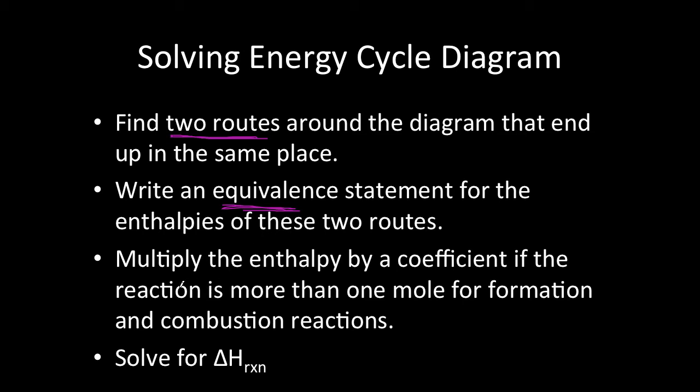Then I'm going to add up the enthalpies of one side and the enthalpies of the other, and they will be equal to each other. And I'm going to solve for my missing enthalpy, which will always be the delta H reaction of whichever reaction I'm interested in. Now, just like with the other ways that we calculate enthalpy, we need to multiply the enthalpy if there is a coefficient in the balanced chemical equation.